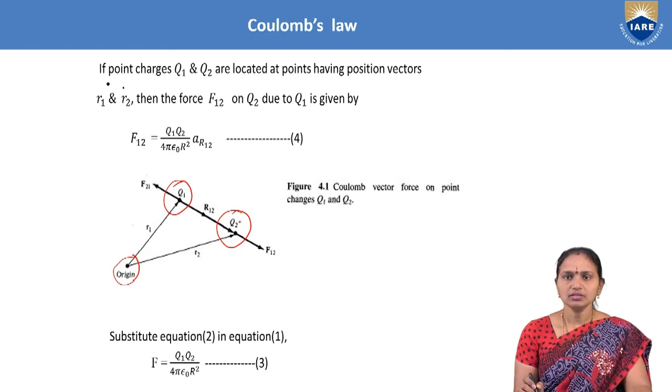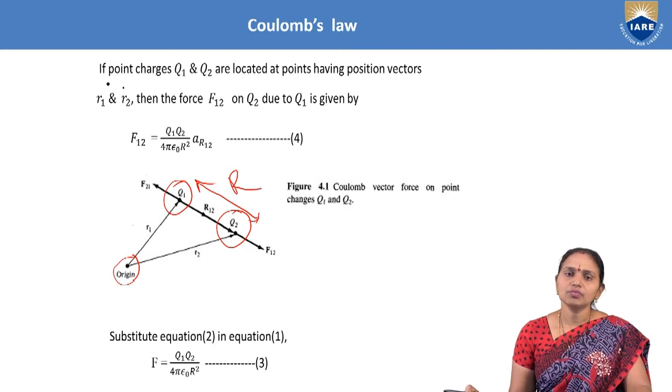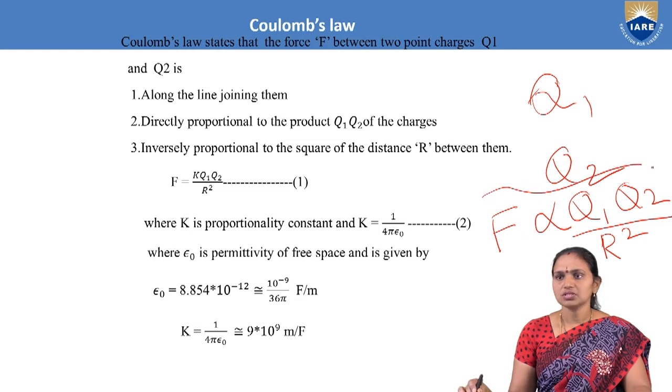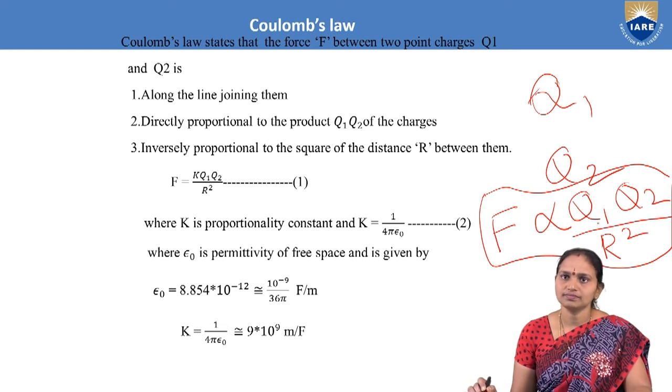The distance between these two charges Q1 and Q2 we can take as R. So if the distance between both the point charges is R units, then the force varies inversely with R square. So the statement for Coulomb's law here is F is directly proportional to Q1 Q2 by R square. It means force is proportional to the product of charges, and it is inversely proportional to the square of the distance between them.